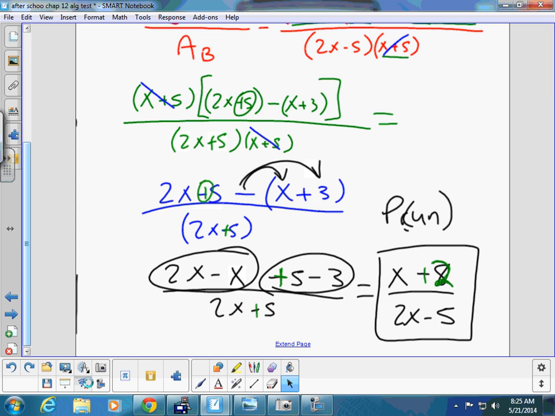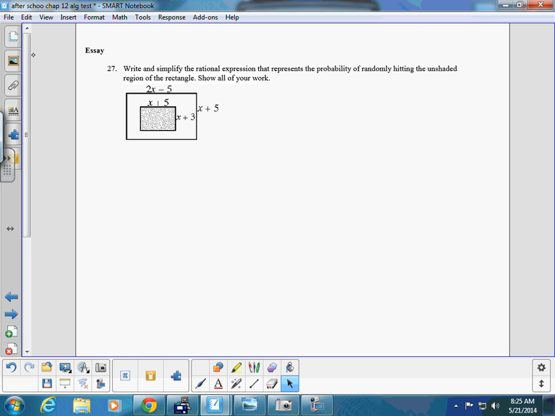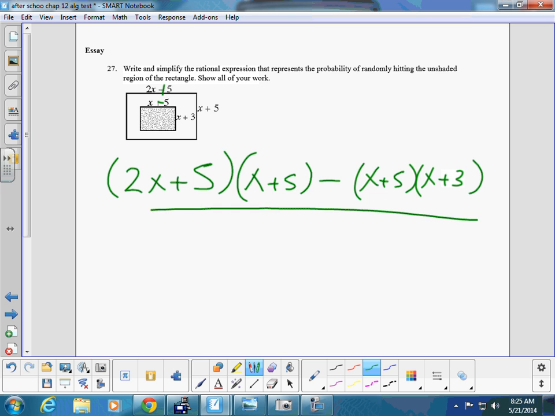Let me do that whole question over again. And going back to, again, I can't see the plus on my paper here, so that's why I missed it. So we're going to do this times x plus 5, that's the area of the large region, minus the area of the smaller region, all over the area of the large region.